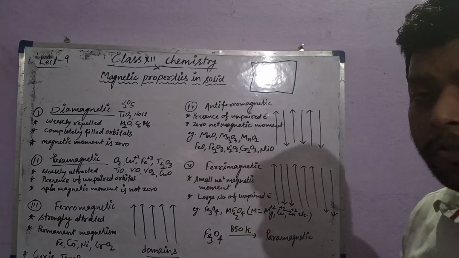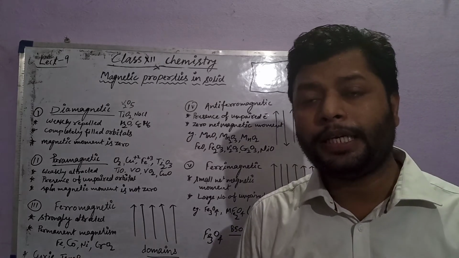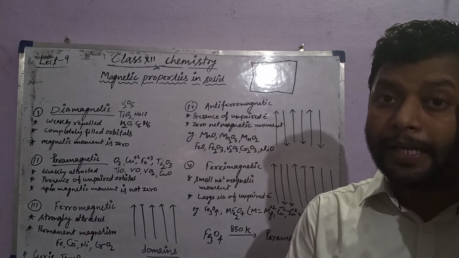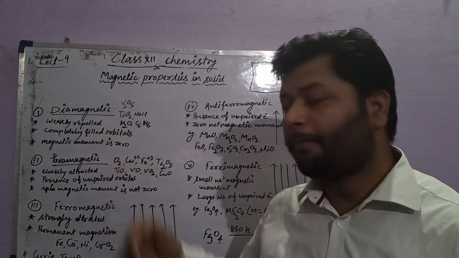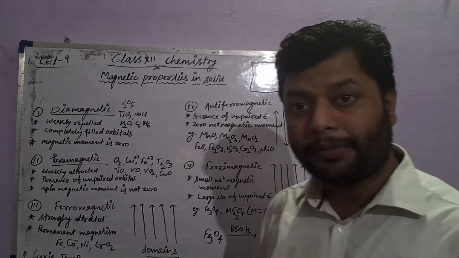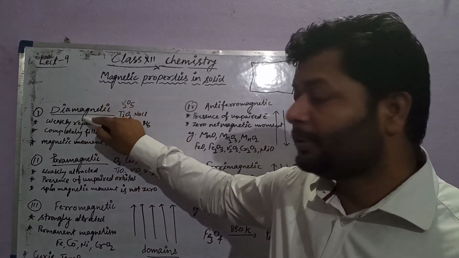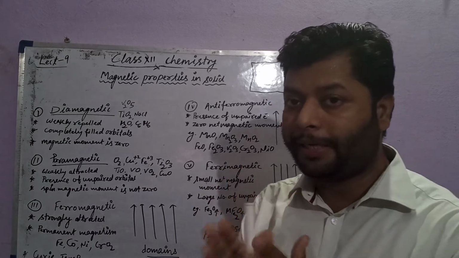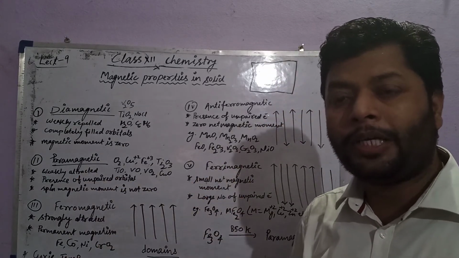So in this lecture, we dealt with the different types of magnetic behavior in solids when they are brought into an applied magnetic field, or when they already have some type of magnetic behavior like diamagnetism and paramagnetism. Diamagnetic substances have only paired electrons, and the others have unpaired electrons.